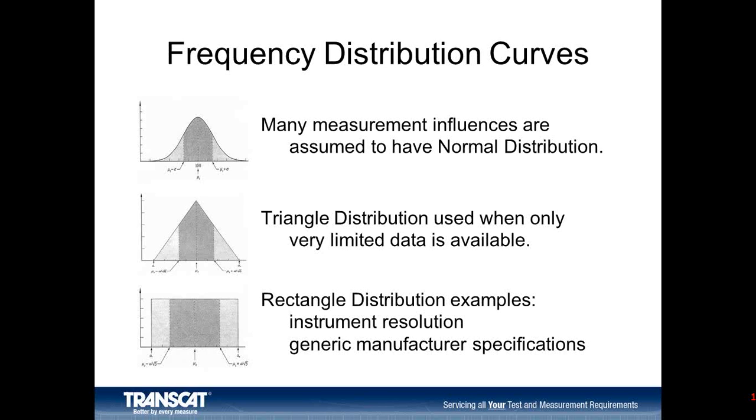And then rectangular distribution, the common examples of that would be instrument resolution, particularly in a numeric display, or a graduated dial. And then another common implementation for this type of distribution is for manufacturer specifications that have a generic kind of specification where they're not stated as having a particular coverage interval, for example. We'll come back to that in a minute.